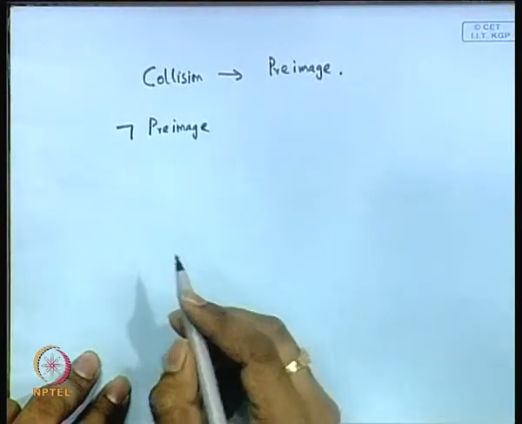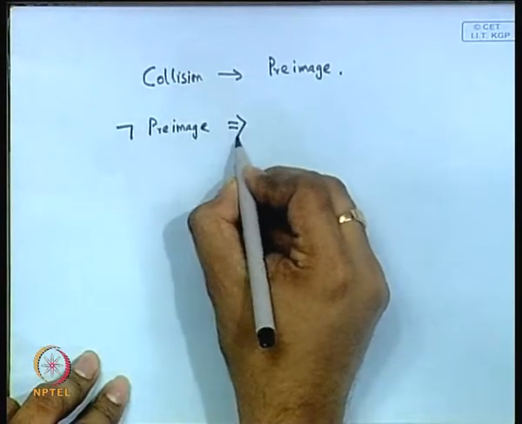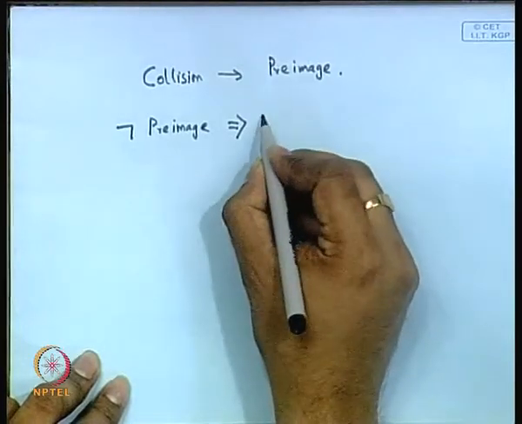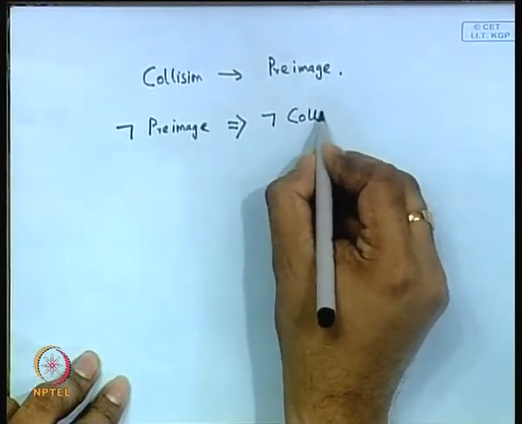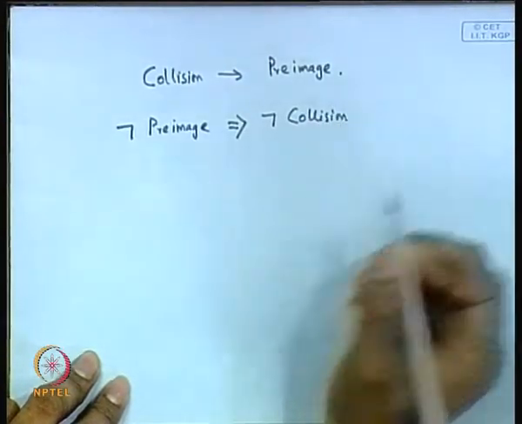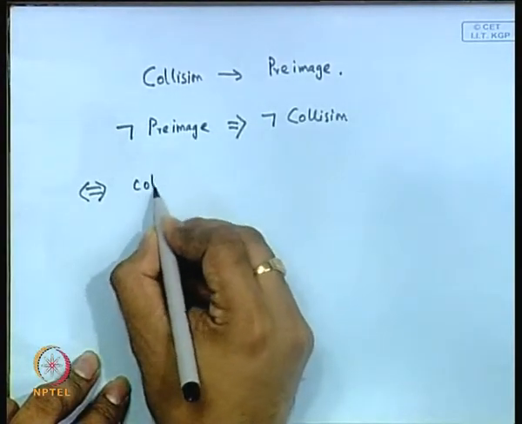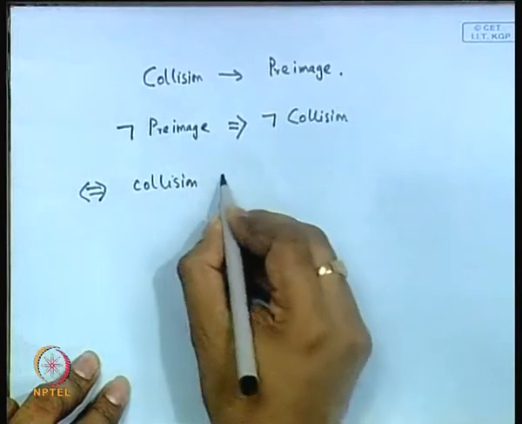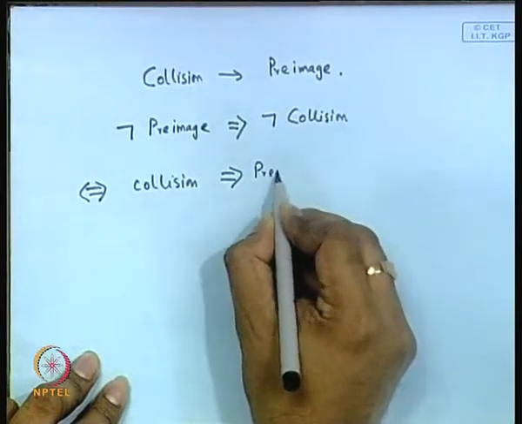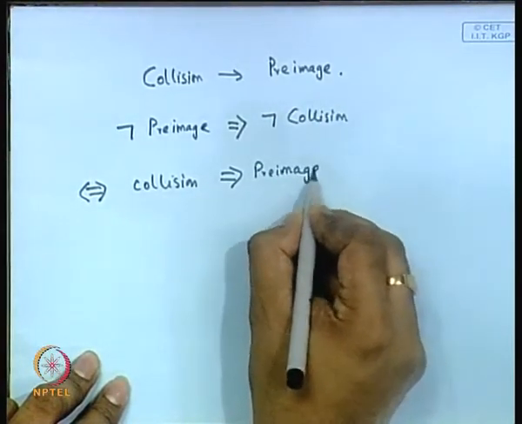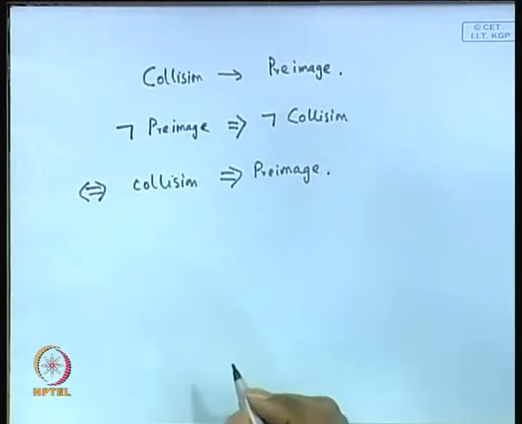And if I show that this implies that collision is also solvable, then this is the same as saying that collision implies pre-image. That means that resistance against collision will also imply resistance against the pre-image problem.